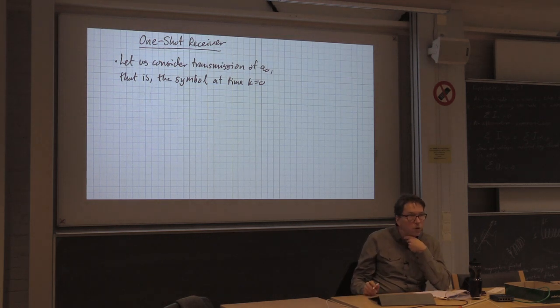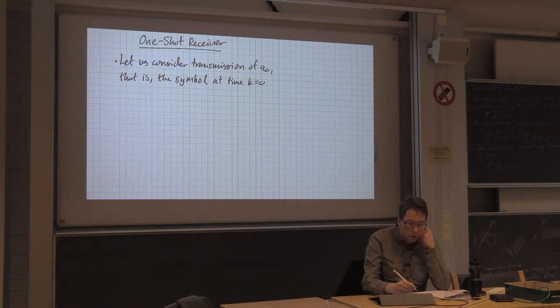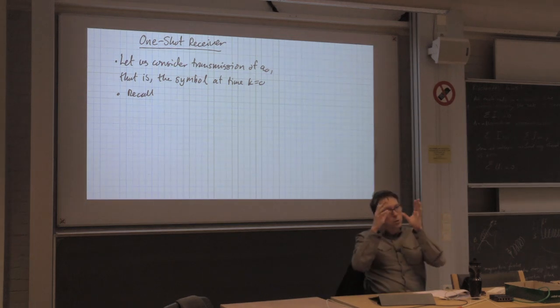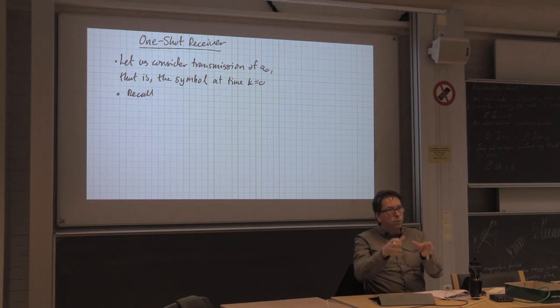So it's the first in the sequence of symbols, A0, A1, and so forth. Let's just look at A0. Then we recall that we have mappings from bits to symbol index to amplitude to signals.